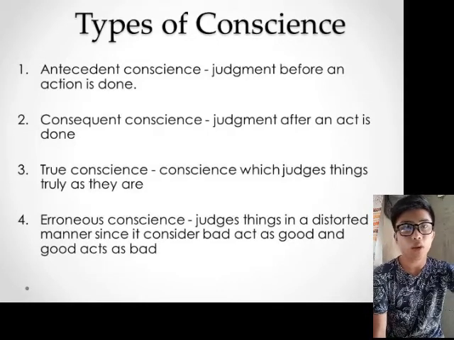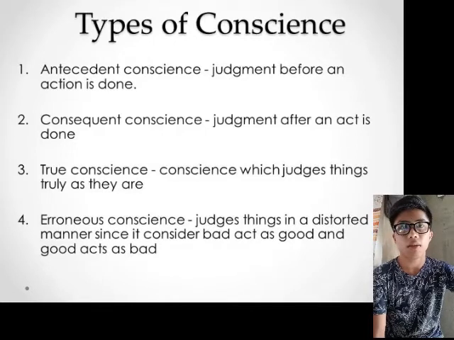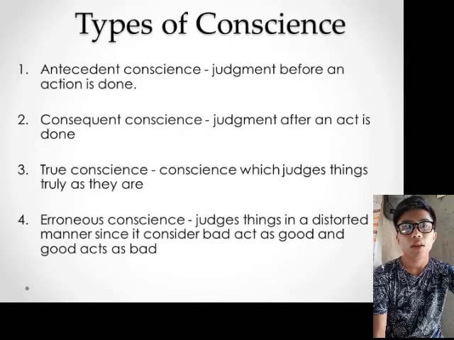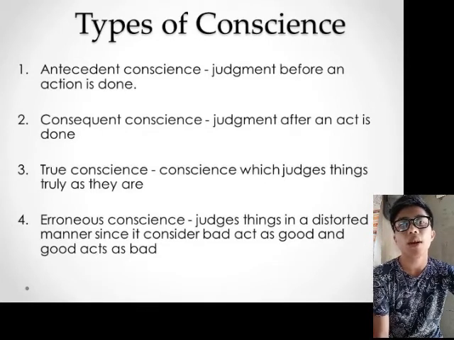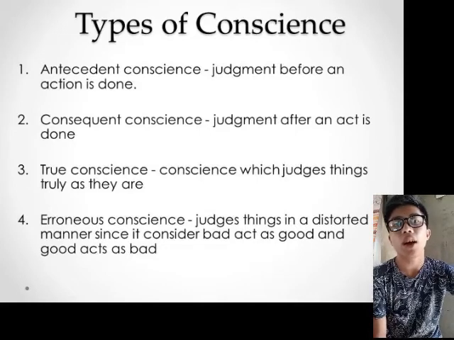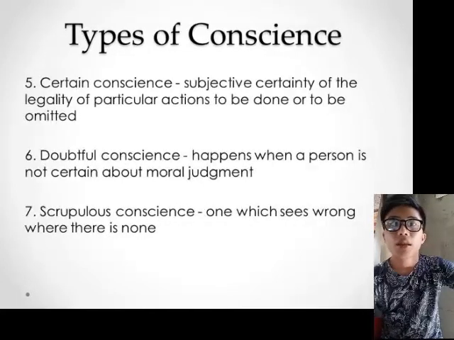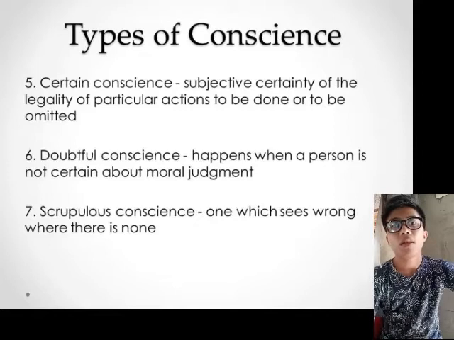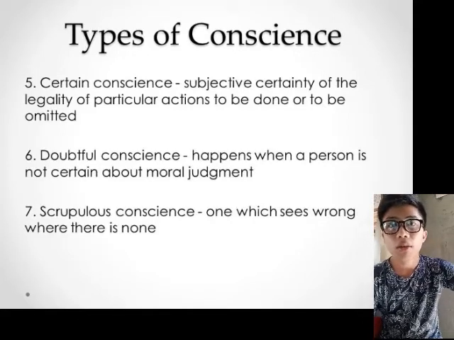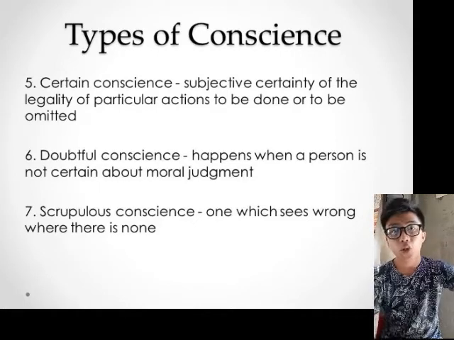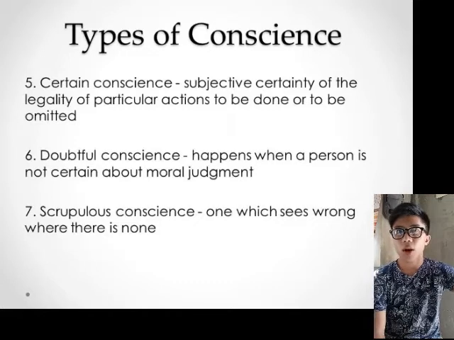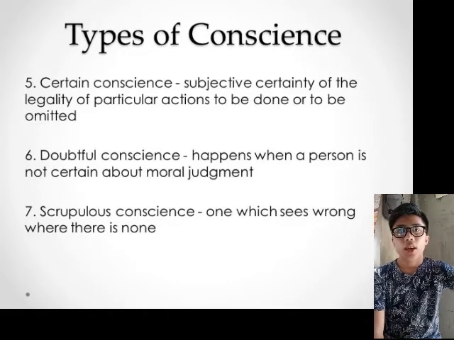Erroneous conscience judges things in a distorted manner since it considers a bad act as good and a good act as bad. Number 5, certain conscience is a subjective certainty of the legality of a particular action to be done or to be omitted. You are sure that what you will do is right.